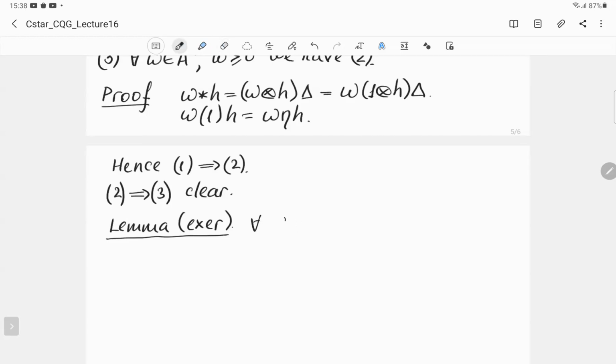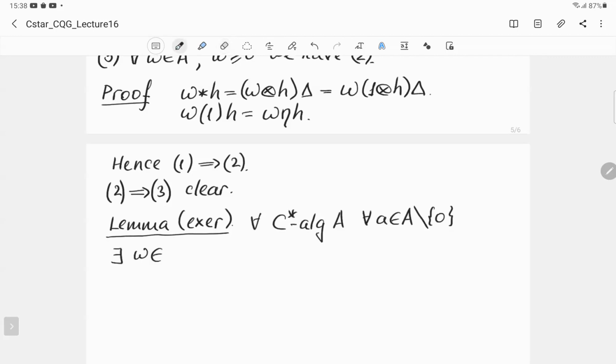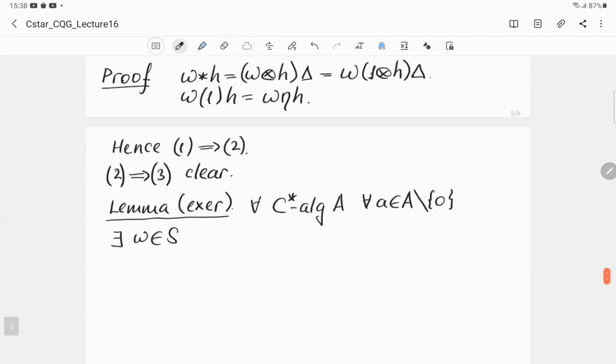For each C-star algebra A, and for each non-zero element little a, there is a state omega on A such that omega(a) is not 0. So a hint is to use the fact that this is true for normal elements.